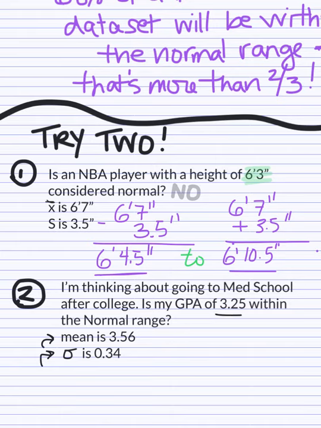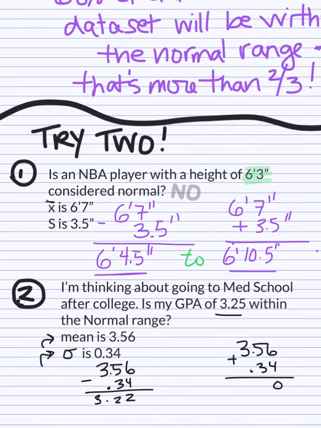All right, so I'm going to take 3.56 and subtract 0.34. So 3.22. And then the high end would be 3.56 plus 0.34. That's 3.9.